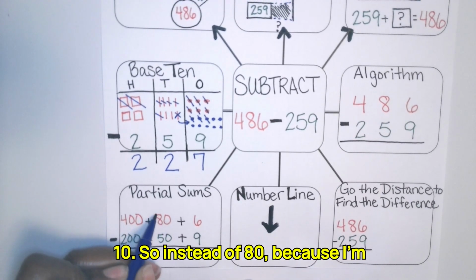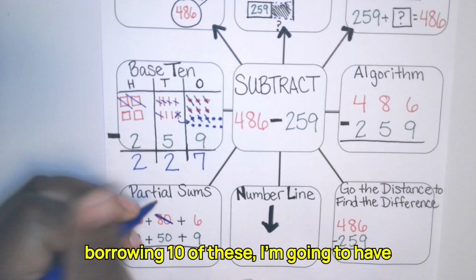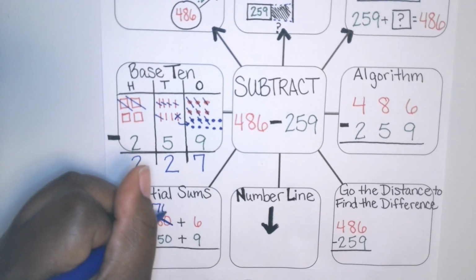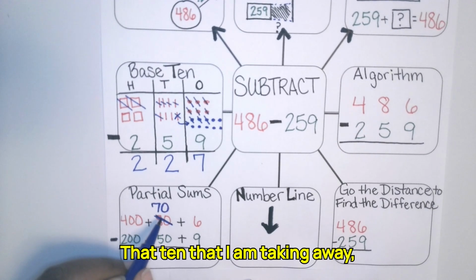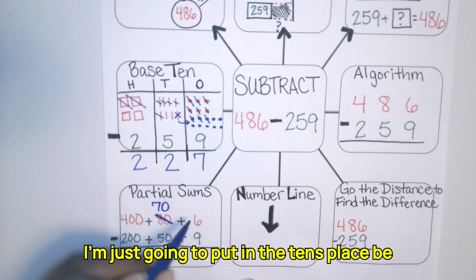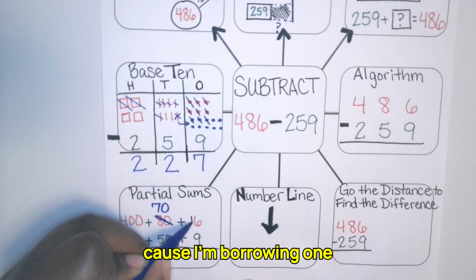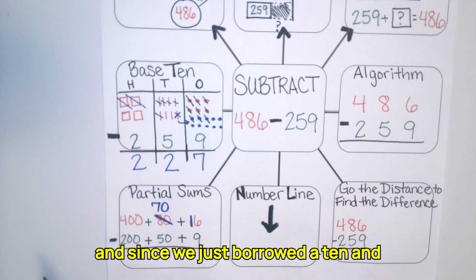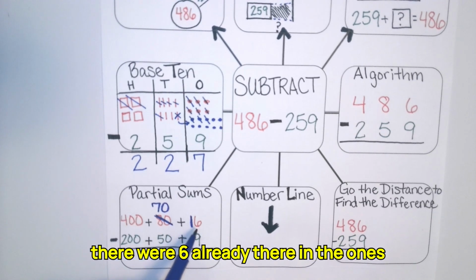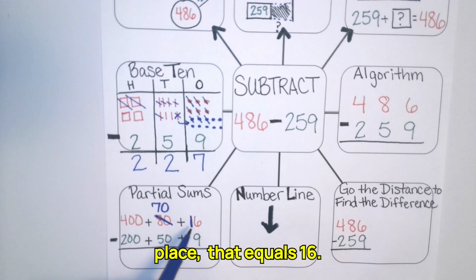So instead of 80, because I'm borrowing 10 of these, I'm going to have 70. That 10 that I am taking away, I'm just going to put in the ones place because I'm borrowing 1 10. 1 10 equals 10. And since we just borrowed a 10 and there were 6 already there in the ones place, that equals 16.